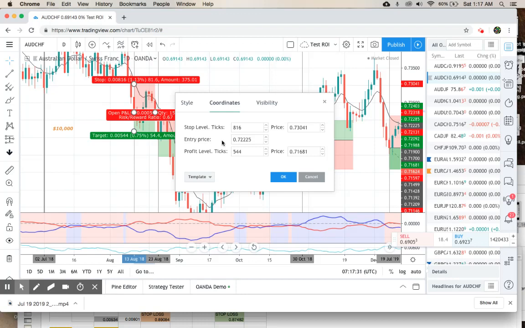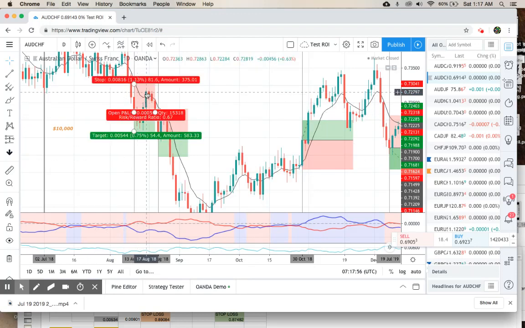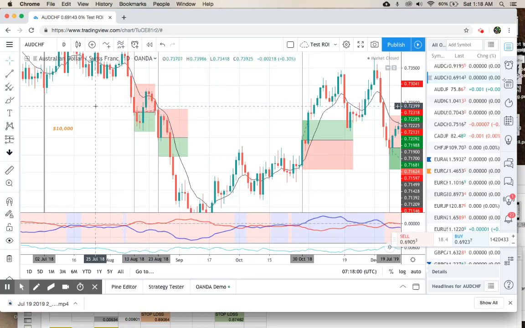0.72819 minus 0.72225 is, so it went 59.4 pips into the negative. So from the center line where I entered the trade to here, it went 59 pips against me.